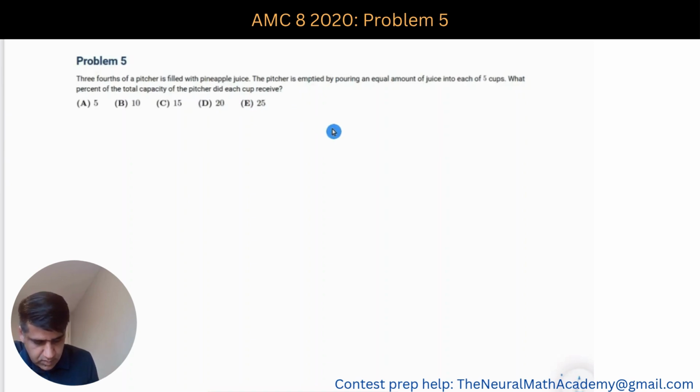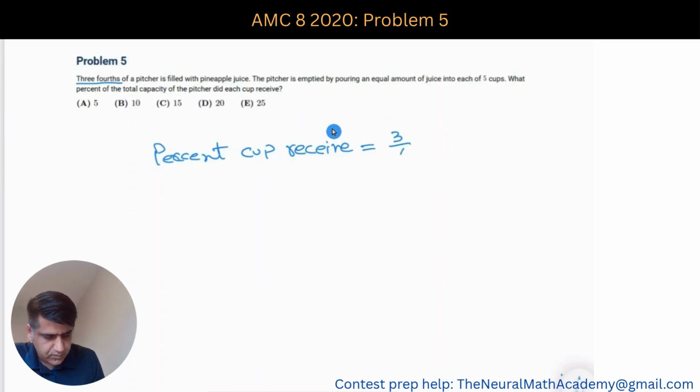So we are going to find the percent each cup received. That would be equal to 3/4 of the pitcher divided by 5 cups and then multiplied by 100. So we can just simplify it.